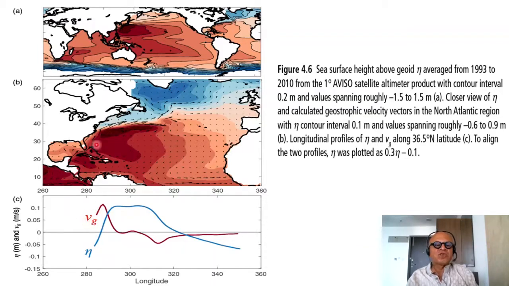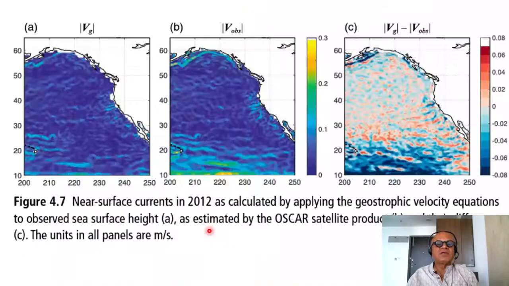Corresponding to that, d eta dx is very large, so v is very large, and where d eta dx gets flat, v becomes small, and so on. So you can see the close relation between sea level gradient, pressure gradient, and geostrophic currents.